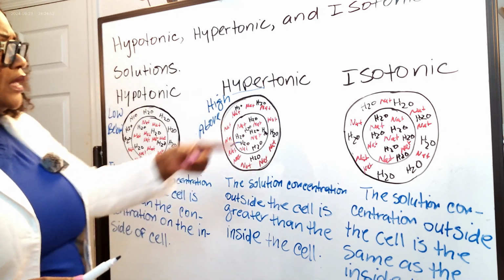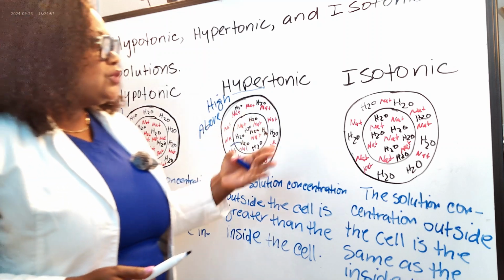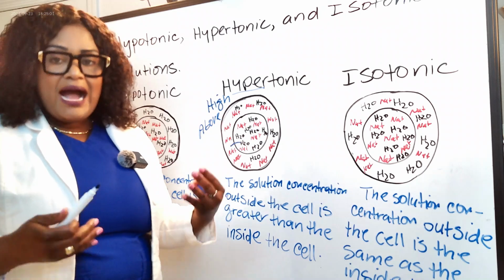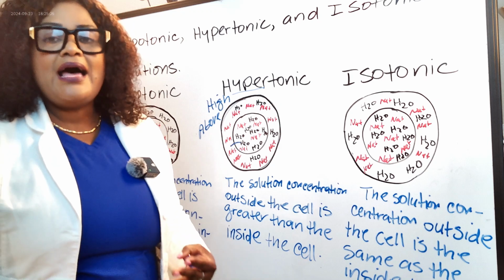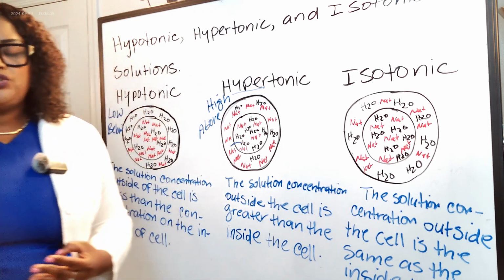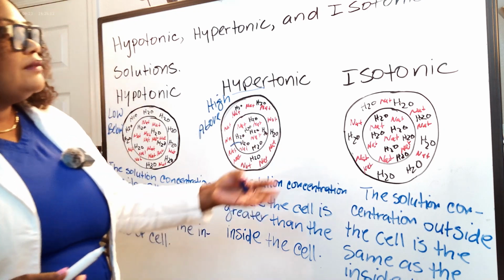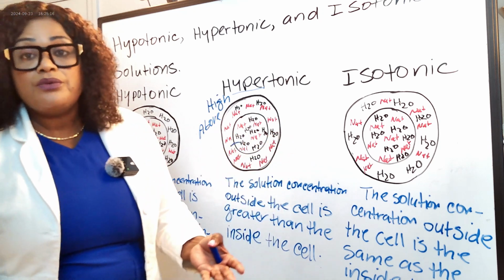Now in isotonic, the solution concentration outside a cell is the same as the solution concentration on the inside of the cell, meaning that there is no electrolyte imbalance because they are equal.